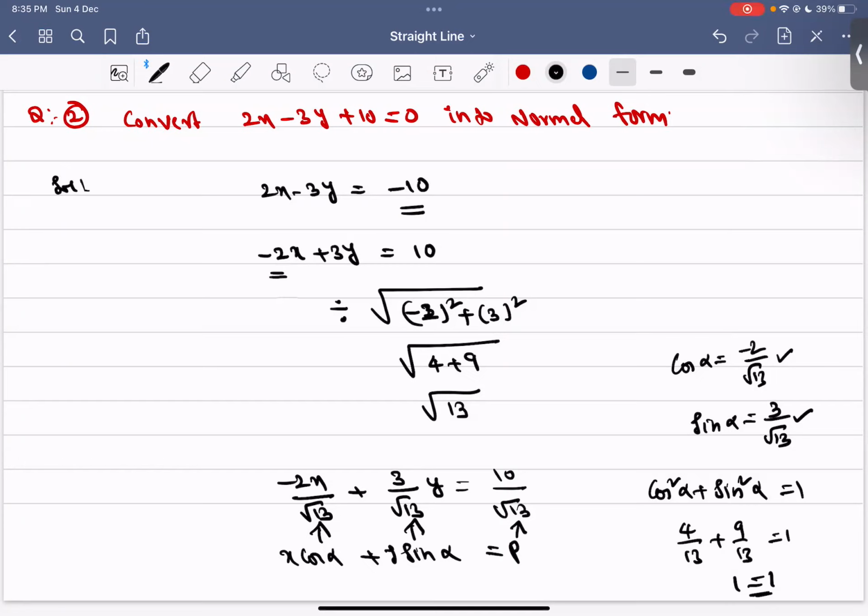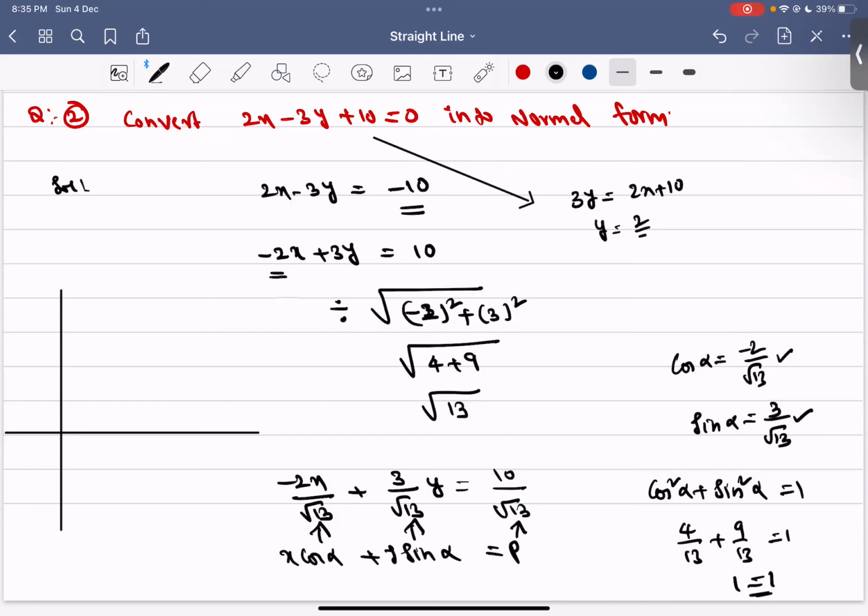So if you try to draw a rough diagram, how will the diagram be? This is the y-axis and x-axis. What is the slope of this line? To find the slope, write it in the form y equals mx plus c: 3y is equal to 2x plus 10. Y is equal to 2 by 3 x plus 10 by 3. Slope intercept form. So 2 by 3 is what? m is equal to tan theta is equal to 2 by 3, which is positive.